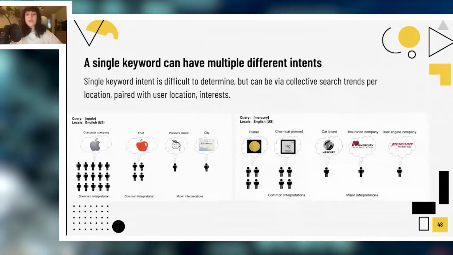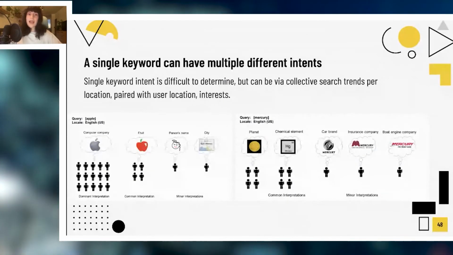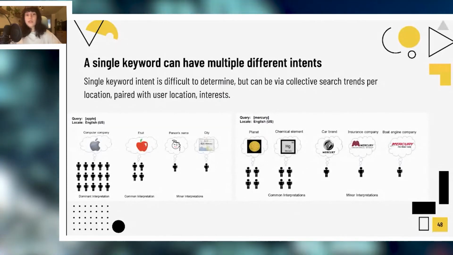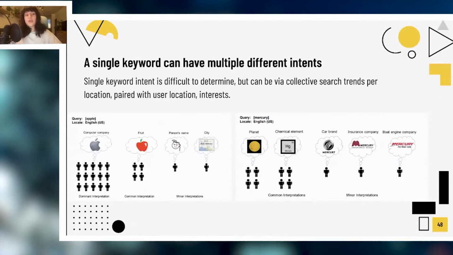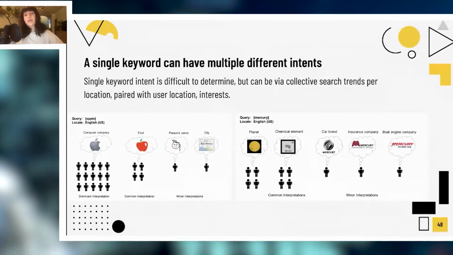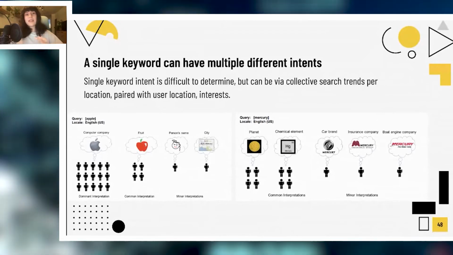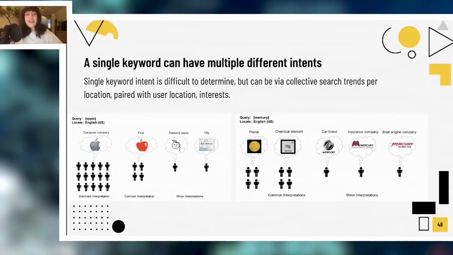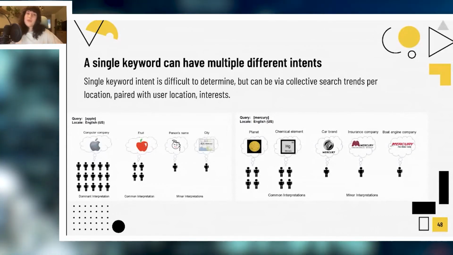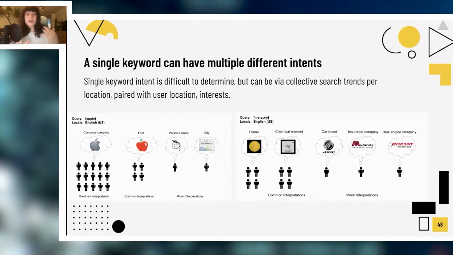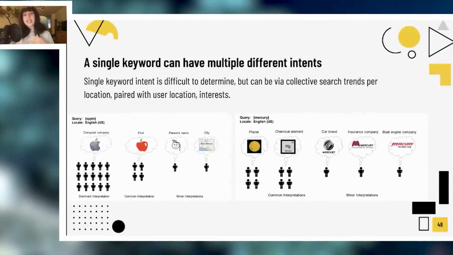It's important to also know that a single keyword can have multiple different intents, and that is crucial, especially when your brand name is translated to another language and matches a word that exists in that language. It could mean different things: the term Apple, for instance, could mean a computer company, a fruit, a person's name, or a city.